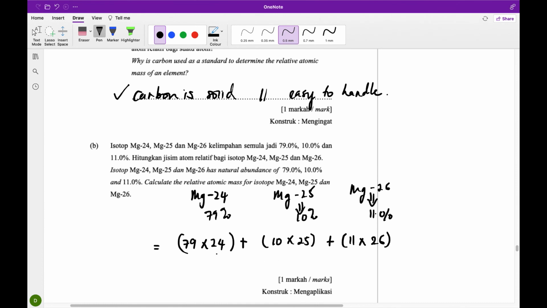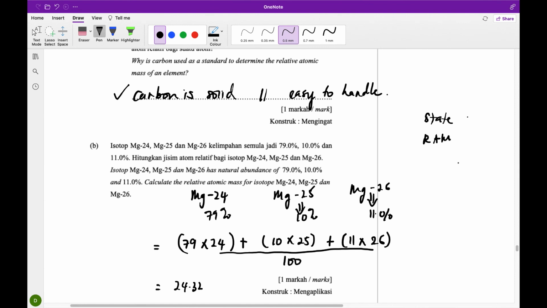Then the total you have to divide by 100. So the answer will be 24.32.